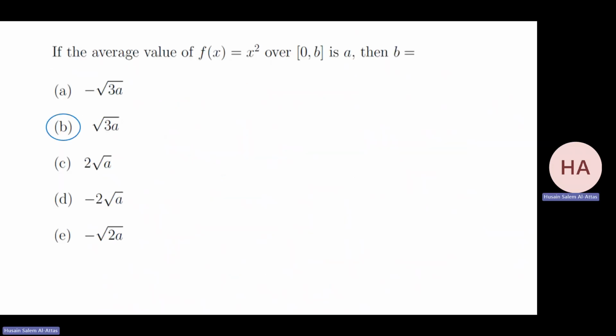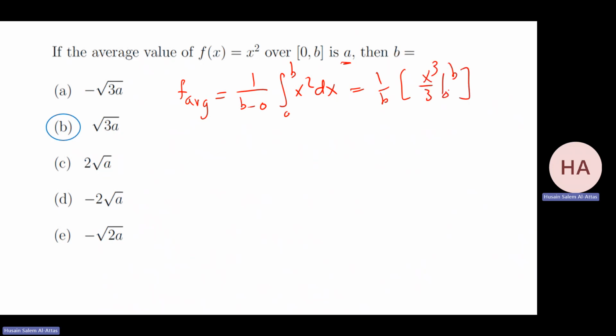If the average value is a, also we make it a constant a. Do the calculation. That's it. What is f average? It is 1 over b minus 0, integral from 0 to b of x squared dx. That gives me 1 over b times x cubed over 3 from 0 to b.